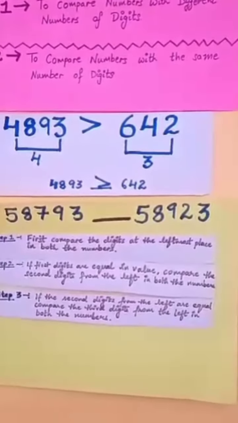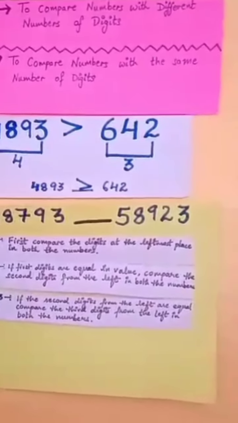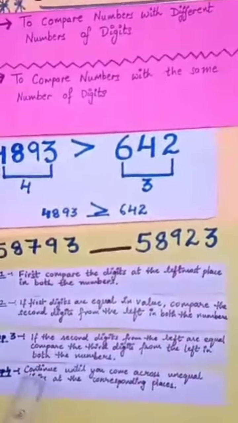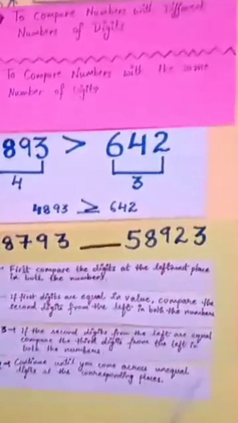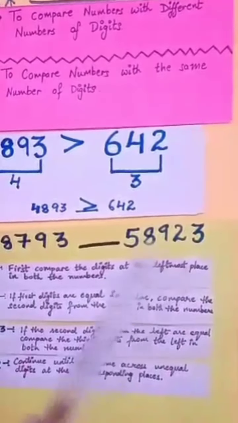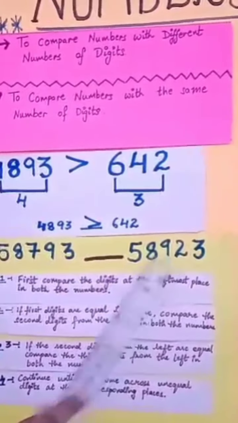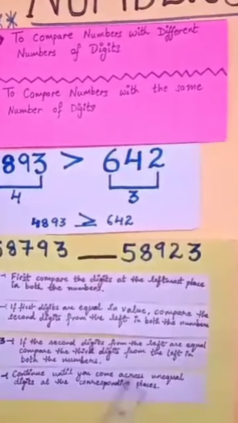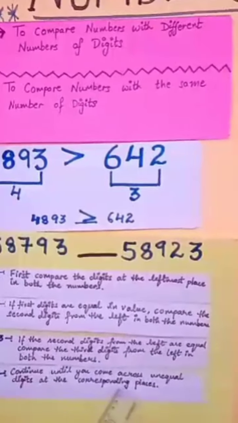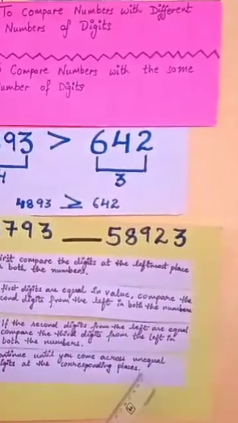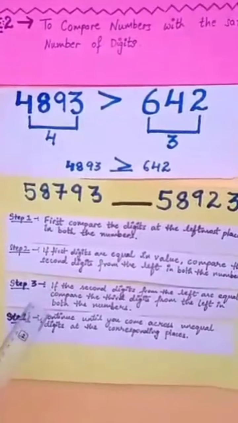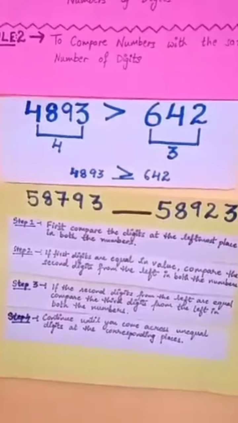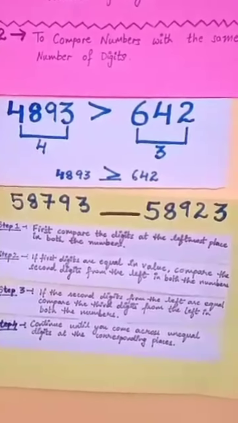Now just imagine if you get the same number again in this place, again in the same place, then step 4. This step 4 we'll follow if again in the third place we have the same numbers. So step 4 means continue until you come across unequal digits at the corresponding places. Okay, so this is step 4, correct? That means you need to keep on checking the digits till you get unequal digits.